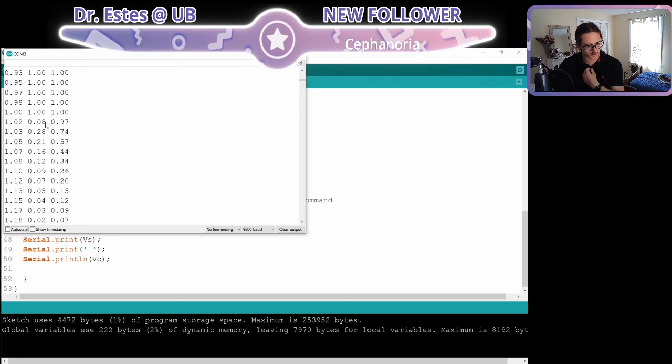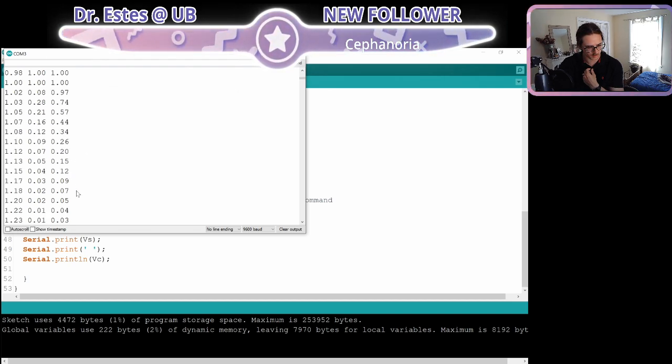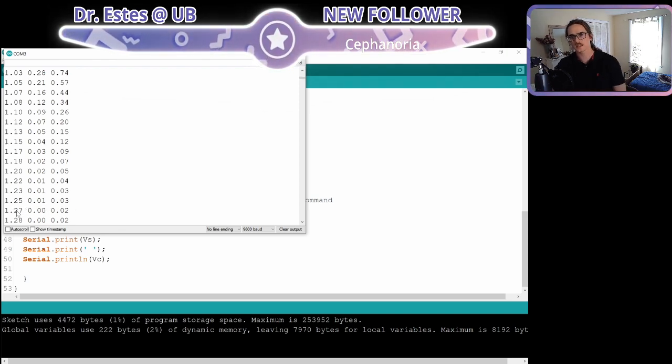And now we turned off our source voltage here. It went down to 0.08, and the capacitor voltage is starting to drain. You can see it dropping. And I want to see how long it takes to get down to 0.02. It took like 0.27 seconds, like a quarter of a second it looks like.